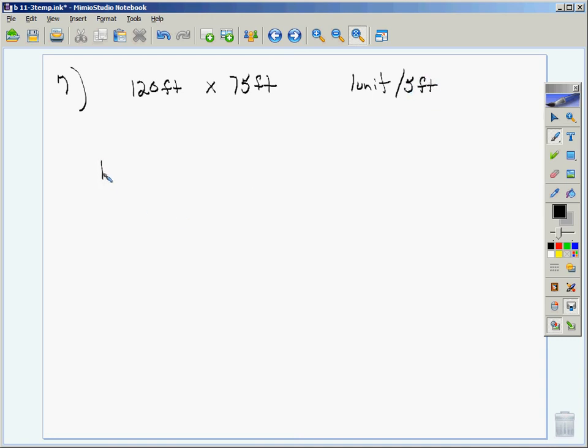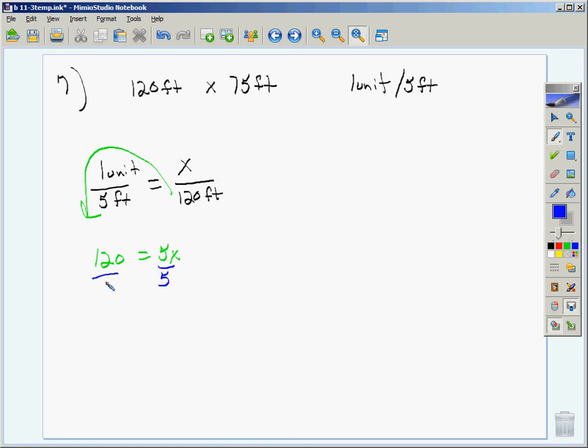Well, if I have 1 unit compared to 5 feet, then I'm going to have so many units compared to 120 feet, and I would cross multiply. 120 times 1 is obviously 120. 5 times x is 5x, and I would divide both sides by 5. And x is going to be equal to 24 units.